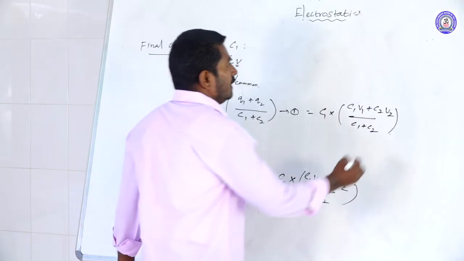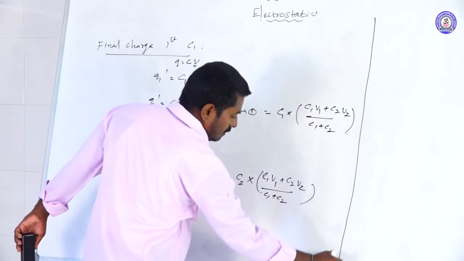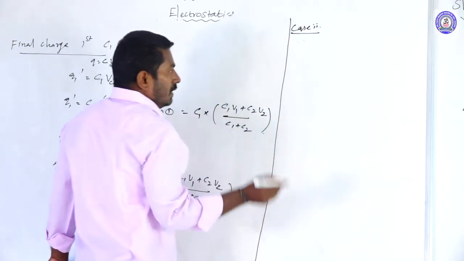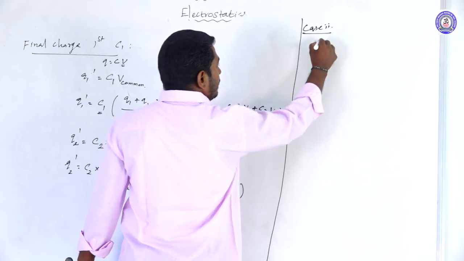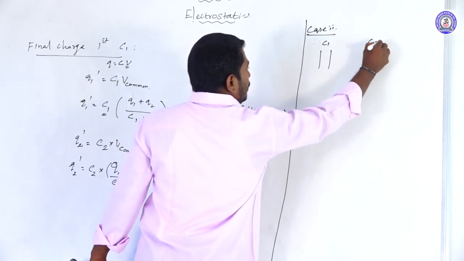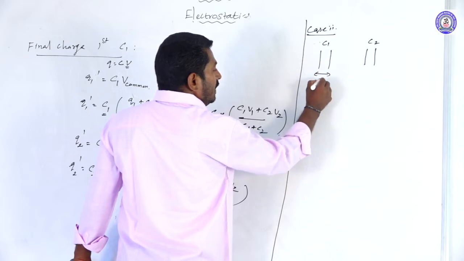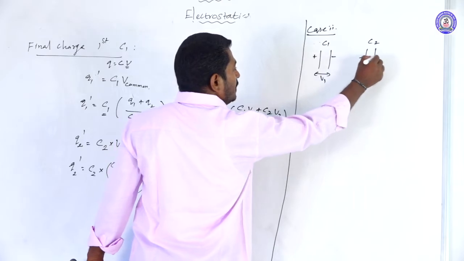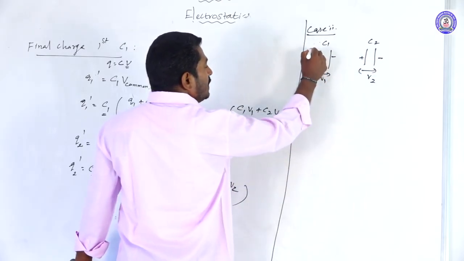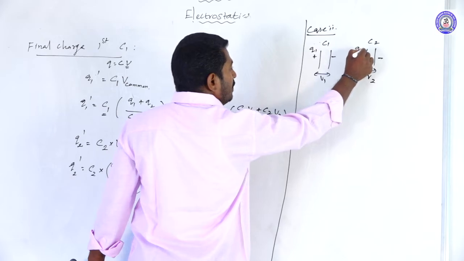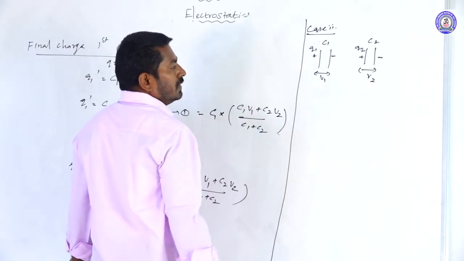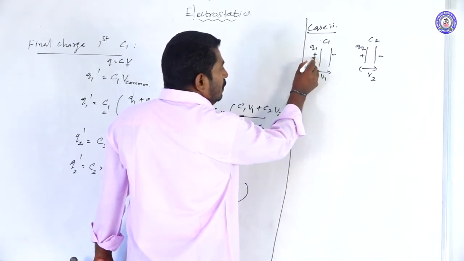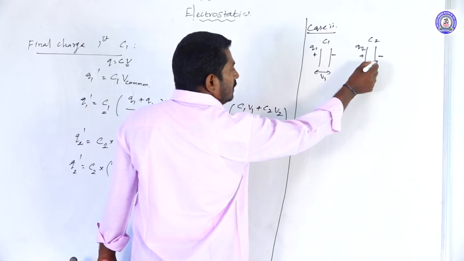The next special case, Case 2. Now there are two capacitors with different capacitances C1 and C2, charged to different potential differences V1 and V2. Positive plate, negative plate, positive plate, negative plate. The charge on the first capacitor is Q1, and the charge on the second capacitor is Q2. Now, the positive plate of one capacitor is connected with the negative plate of the other.